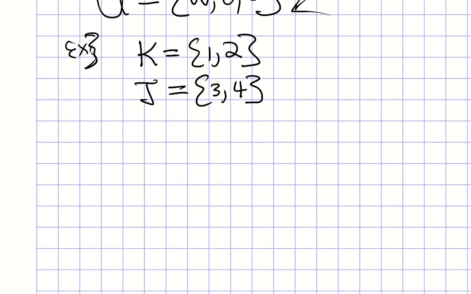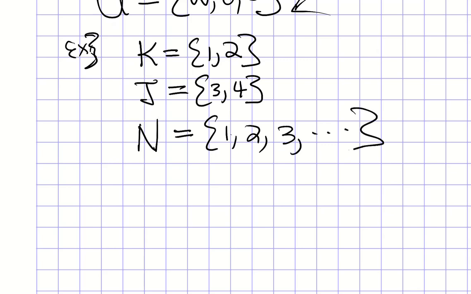So we can say those two sets are subsets of the set of natural numbers, which is 1, 2, 3 to infinity. So the natural numbers are the universal set for them. Natural numbers are the universal set for set K and set J. So that's how you understand that, because sometimes you have to make a stipulation. I will give you an example.